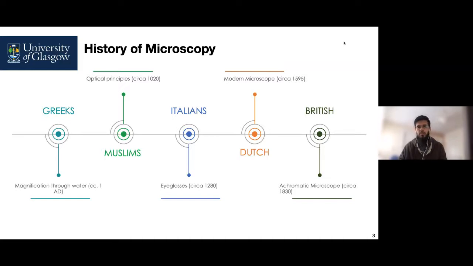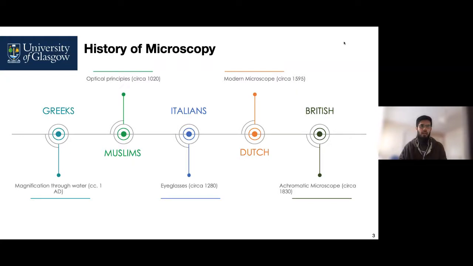And then as we move in time, the developments in science in all aspects of science actually were taken over by the Europeans. So in the pre-Renaissance stage, we first witnessed the progress made by the Italians in the form of eyeglasses or eyewear for human beings.